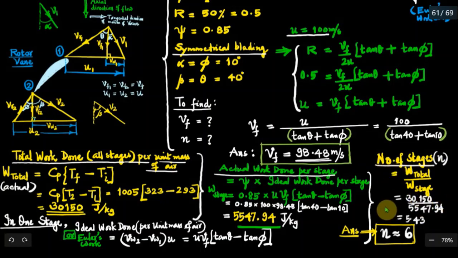So number of stages is equal to 30,150, that is the total work done, then divided by 5547.94, that is the specific work done in one stage. So you will get 5.43. So the answer to the question now, you can approximate it to number of stages, I mean a whole number. The number of stages you will get n is equal to 6. So we have the complete solution now.